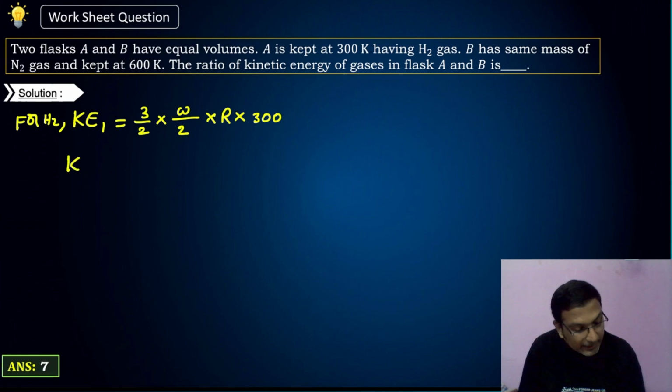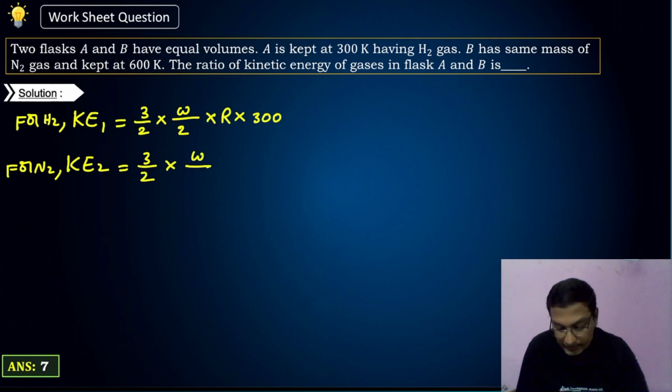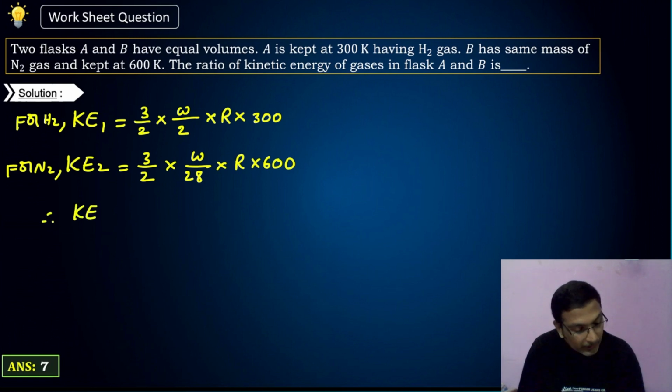Next Ke2, which is for N2. Ke2 equal to again 3 by 2 into same weight W by 28 into R into 600. Therefore, Ke1 by Ke2 equal to 3 by 2, 3 by 2 cancel.